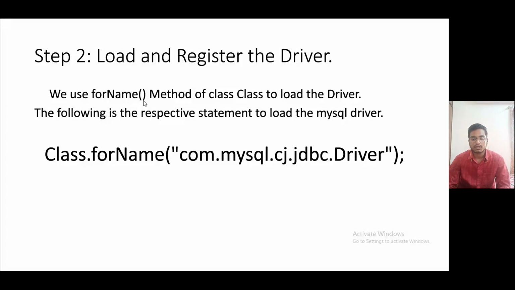So in order to retrieve the method from the class, we use dot operator. So the syntax is Class.forName("com.mysql.cj.jdbc.Driver"). Here the statement is used to connect the MySQL server with the JDBC. So with the help of this statement, we can load and register the driver with the JDBC.